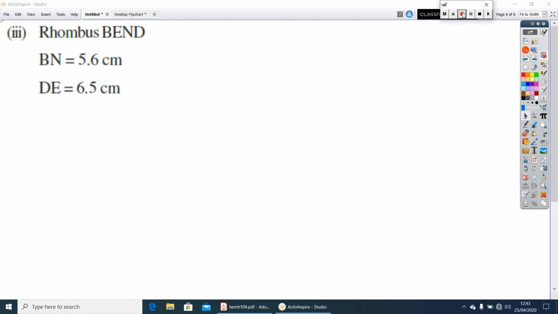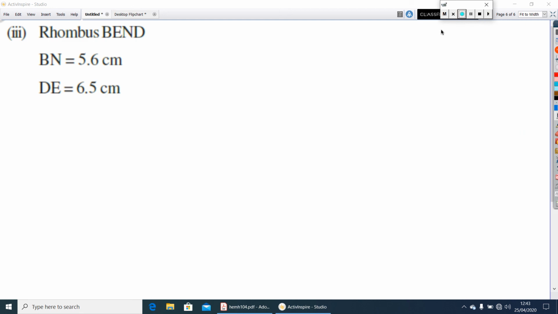Let us see. First let me draw a rough figure. You know rhombus is a parallelogram with all sides equal. Here only diagonals are given, no side is given. But you know one property: in a rhombus, diagonals bisect each other at right angles, or diagonals are perpendicular bisectors.